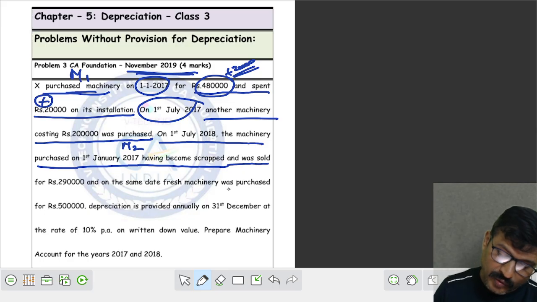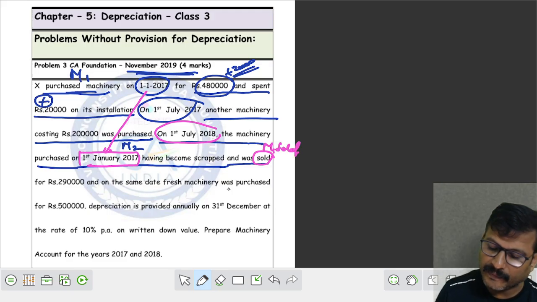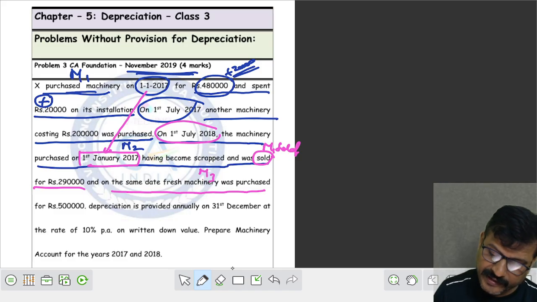The machinery which was purchased on January 17, that means Machine 1. So we can say that M1 is sold for 2,90,000. On the same date, another fresh machinery was purchased. What machine is it? M3 for an amount of rupees 5 lakh.